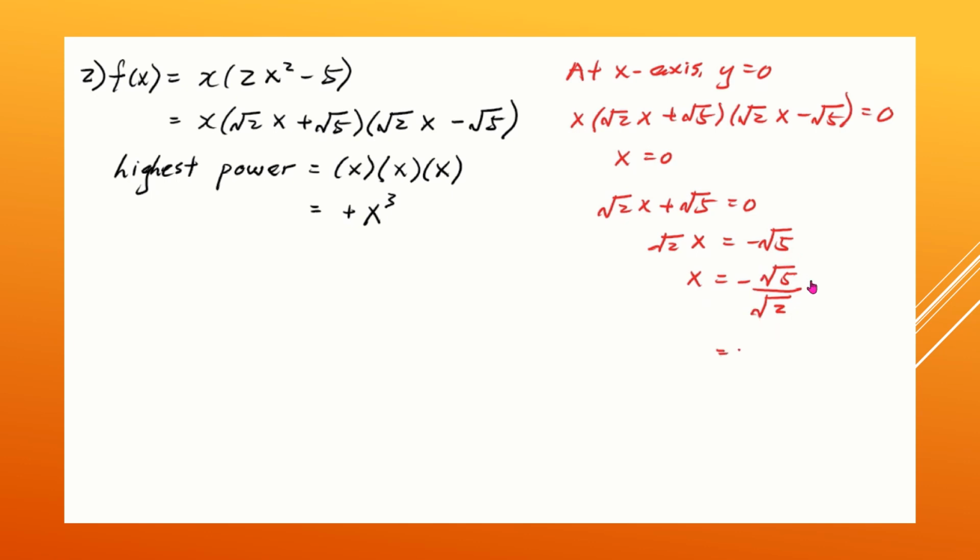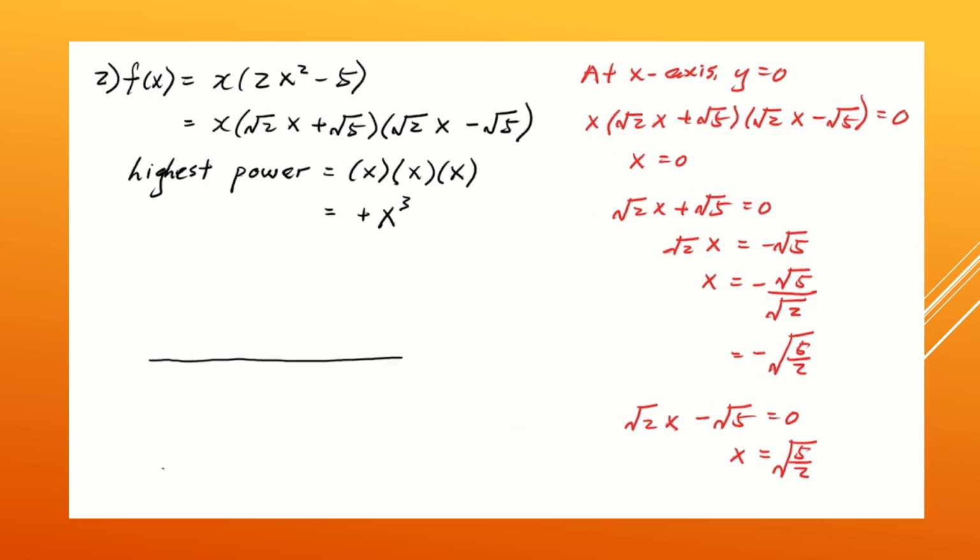Here we can combine, it becomes negative square root of 5 over 2. From the third factor, by using the same method, we will find that x is positive square root of 5 over 2.